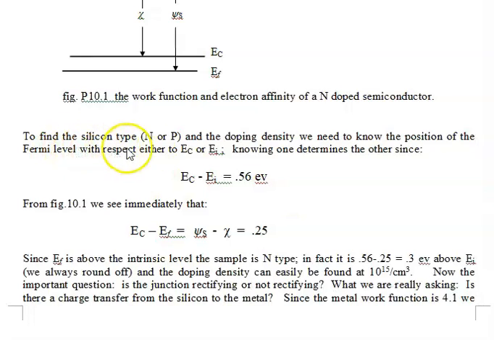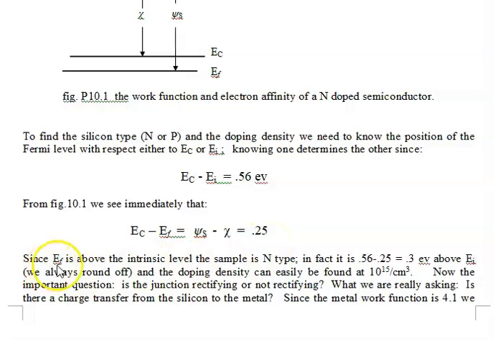So to find the silicon type, we need to know the position of the Fermi level, and we either need to know that in reference to the conduction band or to the intrinsic level, because the conduction band edge minus intrinsic is 1/2 the band gap, or 0.55 or 0.56 eV. So we see that E_C minus E_F in this particular case is 0.25.